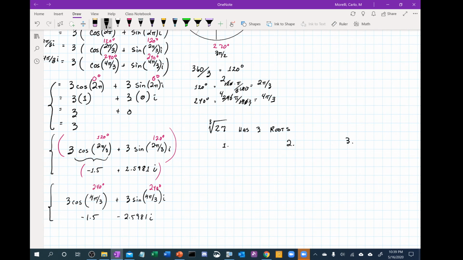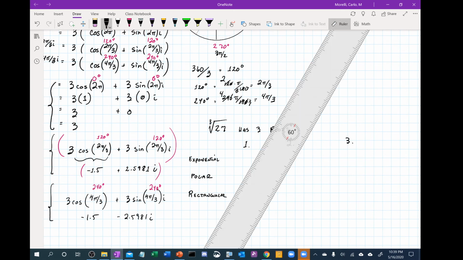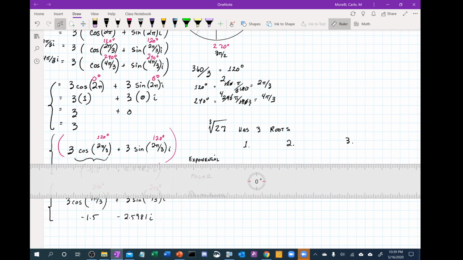And we're going to write it out in exponential, polar, and rectangular. Okay, let me move this one over a little bit. So we're making our table here.